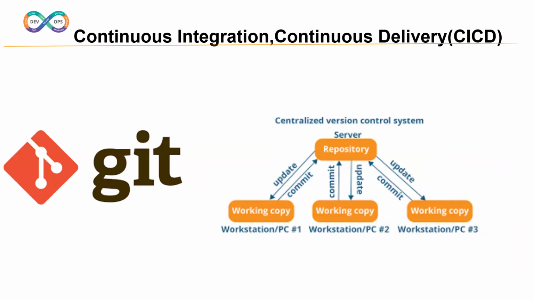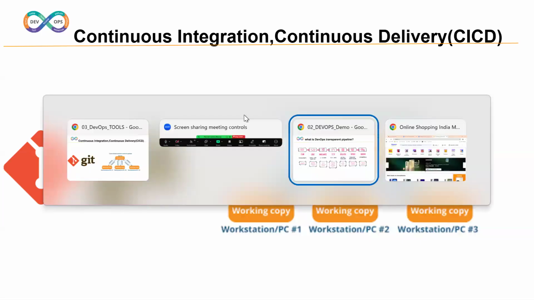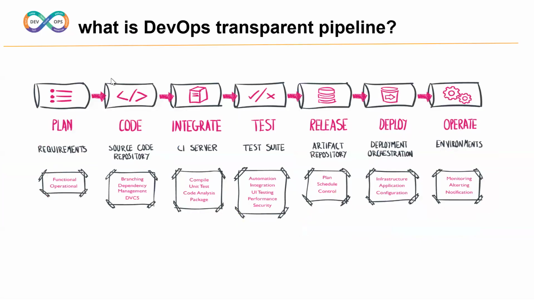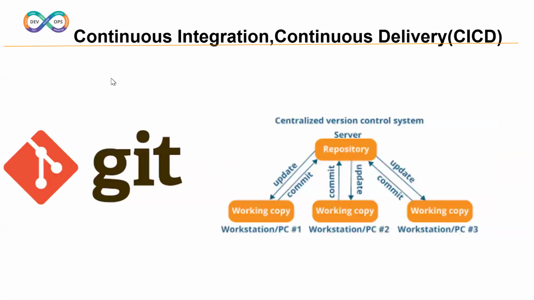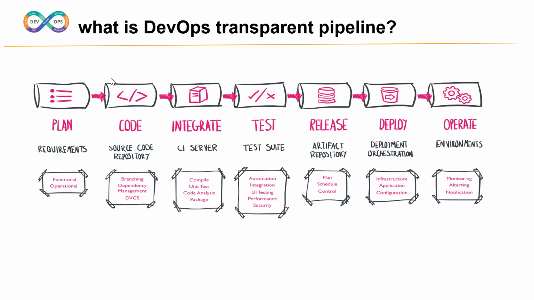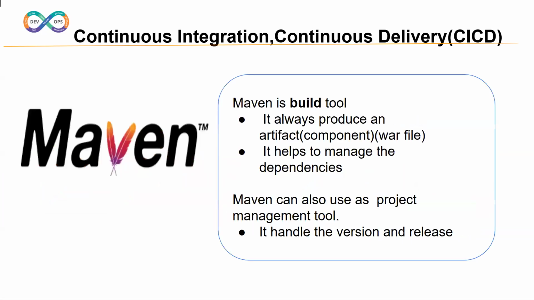What is Git? First, let us start with Git. Git is a version control. The lines of code that developers are writing, we are going to maintain with Git. Once the code is written and maintained in Git, we are going to build and execute that code with the help of Maven.